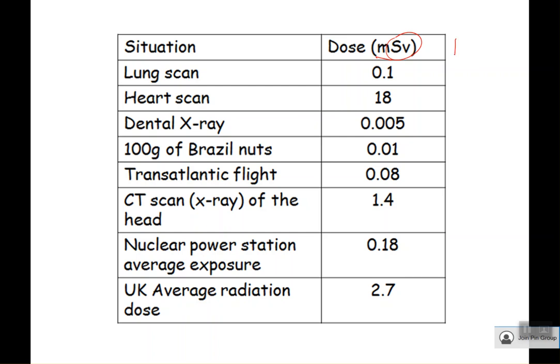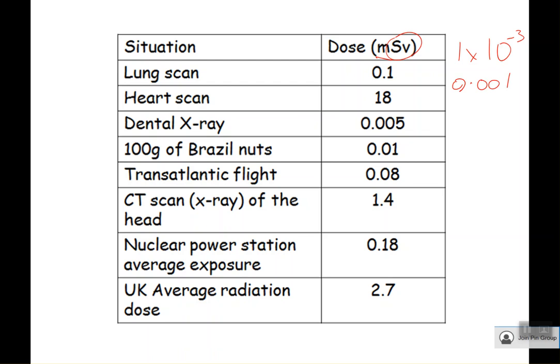Just remember, milli means 1 times 10 to the minus 3, which is 1,000th. In the exam, you do not need to remember the symbol Sv, but you need to remember that it's in millisieverts. You may have to convert something.